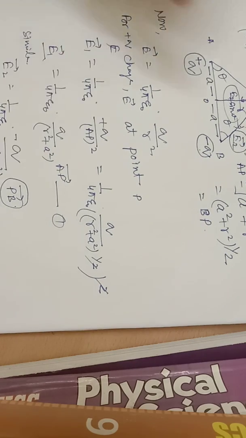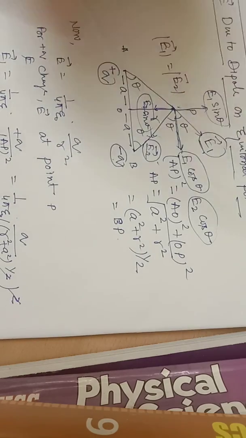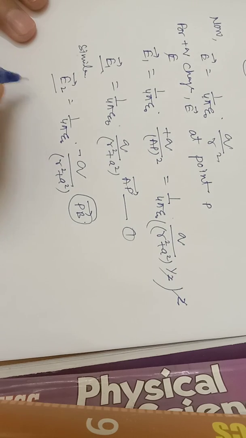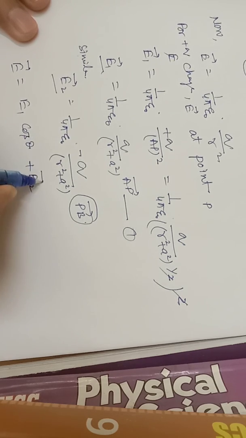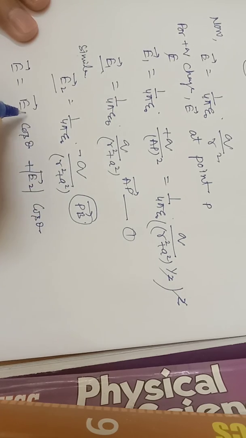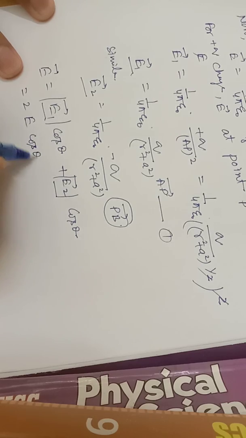What will be left with us is the net E, equal to E1 cos theta plus E2 cos theta in magnitude. Since E1 is equal to E2, it will be 2E cos theta.